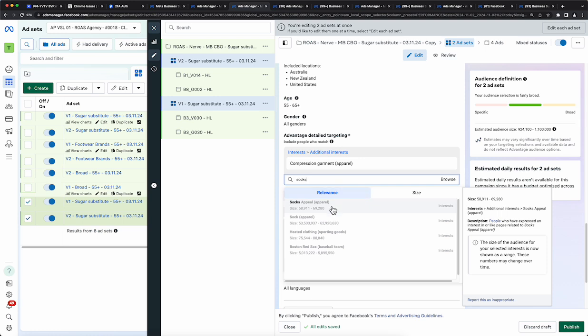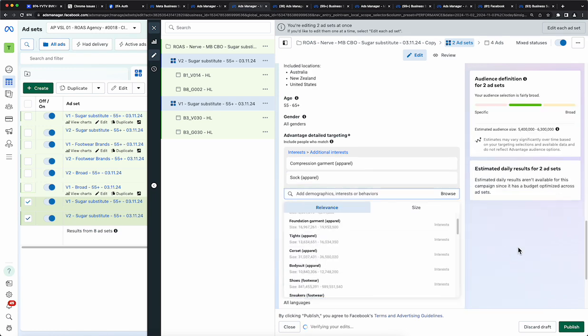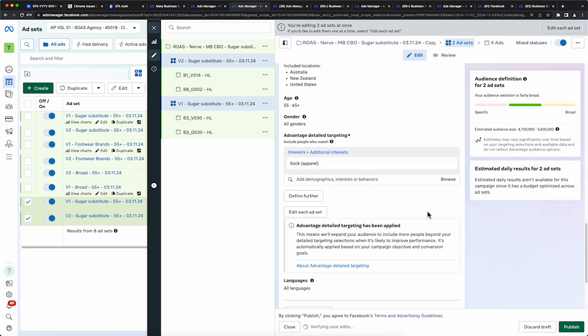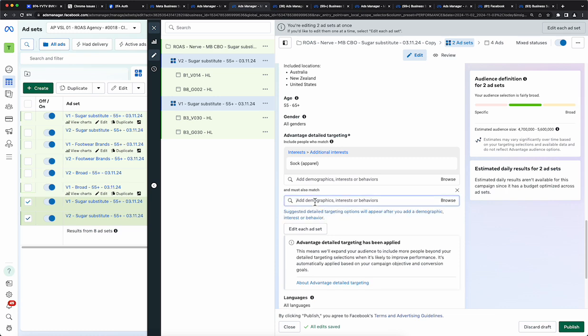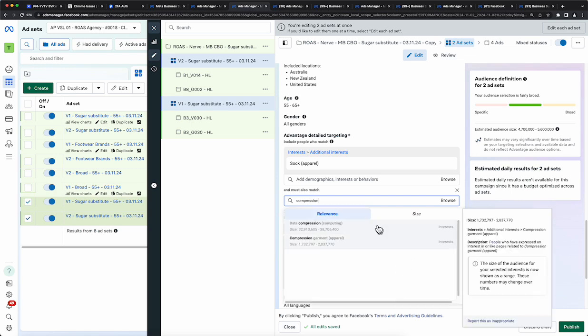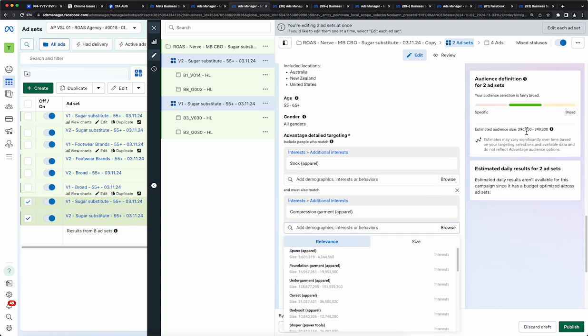Because what we could do, it might shrink the audience a little bit too much, though. Because another thing you can do is you can sort of narrow, right? So there's socks, and you can define further or narrow. This ad account has got slightly updated stuff, and then you could say define by also compression, right? And this might really shrink it up. Yeah, look at that, 300,000.